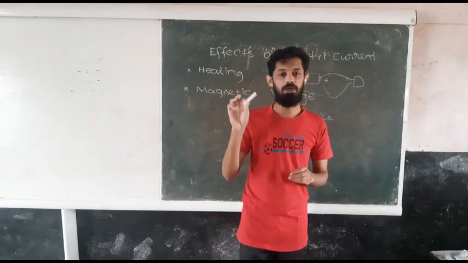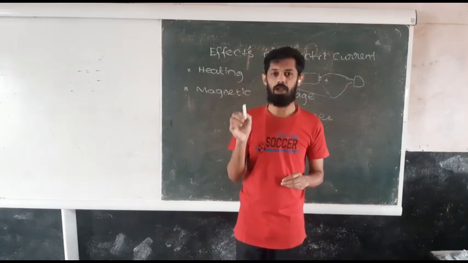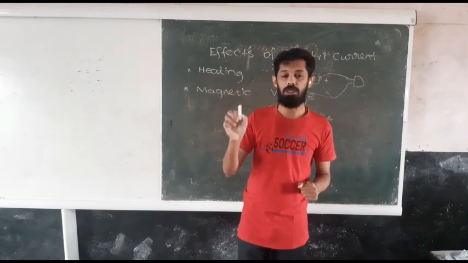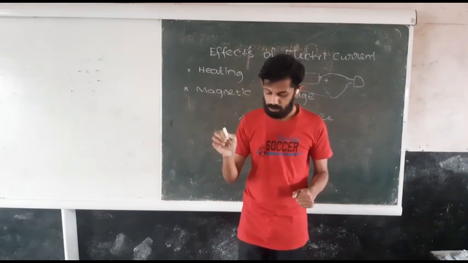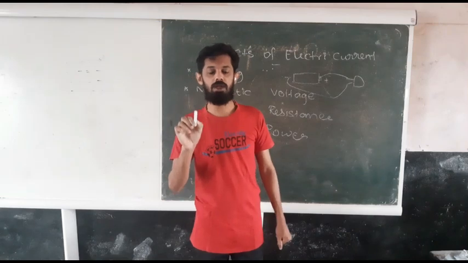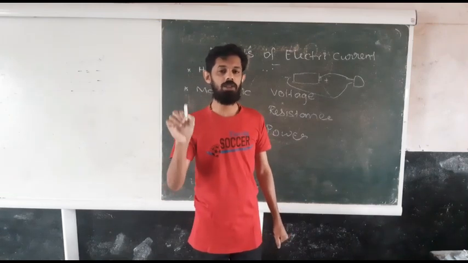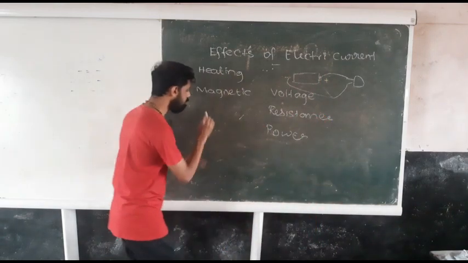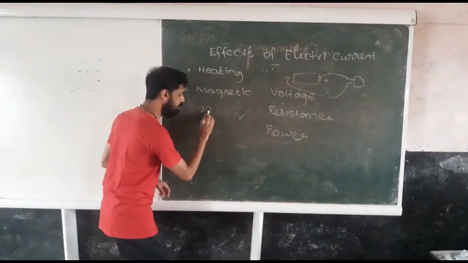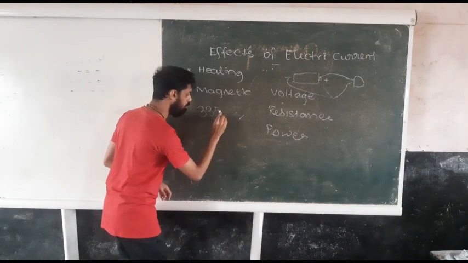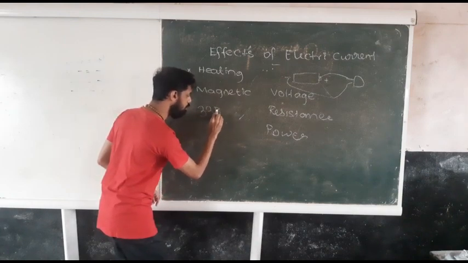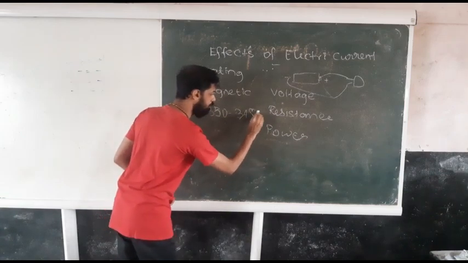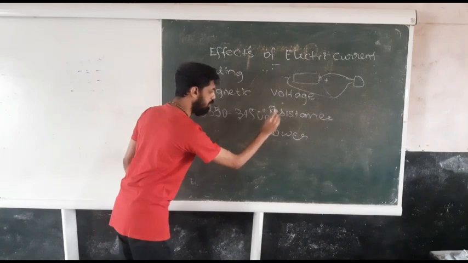Mainly you have to remember that the filament is made up of tungsten. You need to remember the melting point of tungsten, which is about 3330 to 3450 degree Celsius.